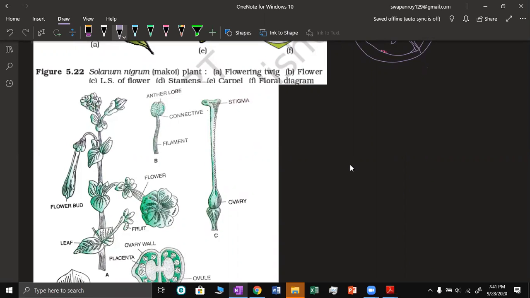And when flower characters are described with some symbols, then it forms the floral formula.